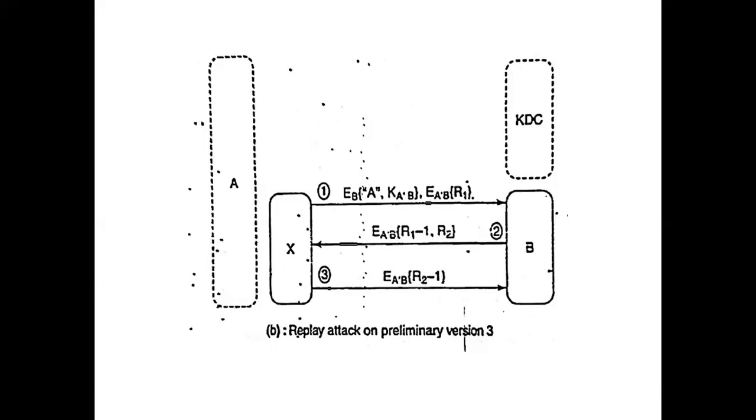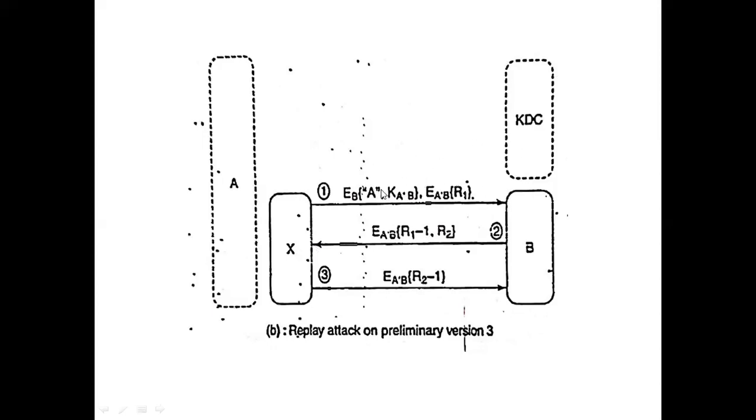Assume again that A suspects the compromise of his password, and reports this to the KDC without any delay. X then manages to steal A's long-term key that he shares with the KDC and performs an impersonation attack.